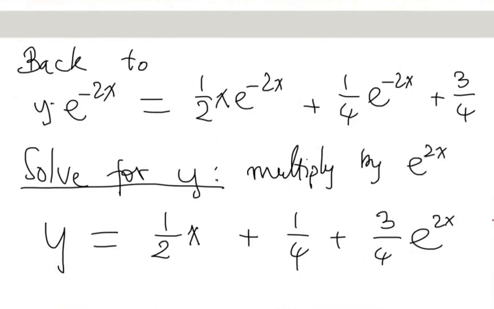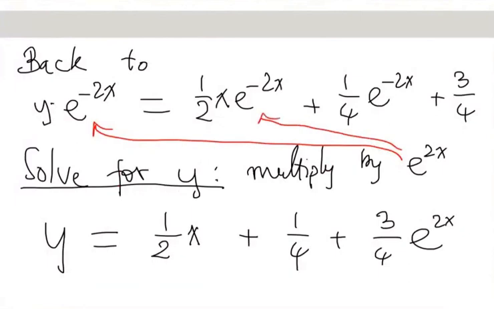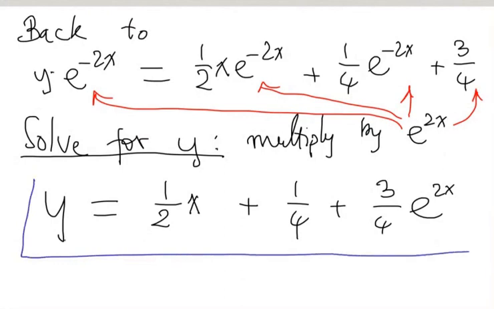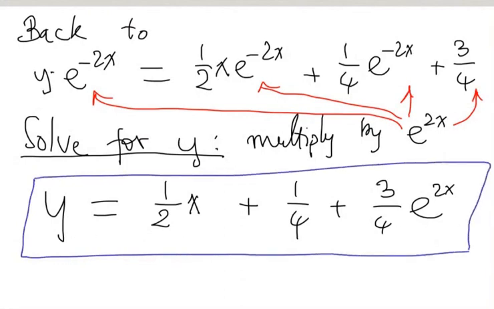And we need to do that to all terms here, here, here, and here as well. And whenever we have e to the minus 2x times e to the plus 2x, they cancel out. We get 1. And this is the final answer to our differential equation, our initial value problem.